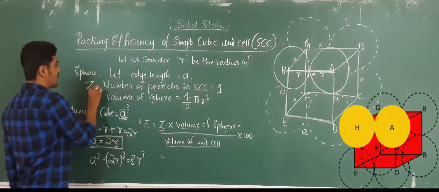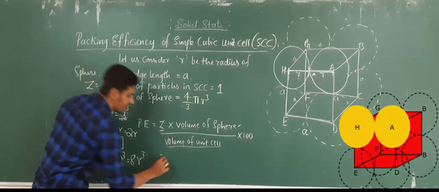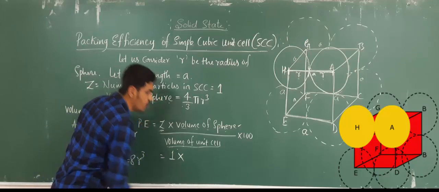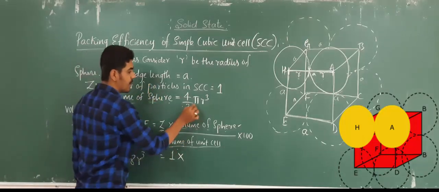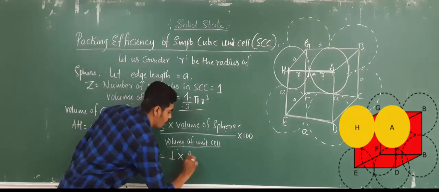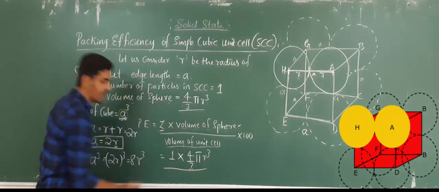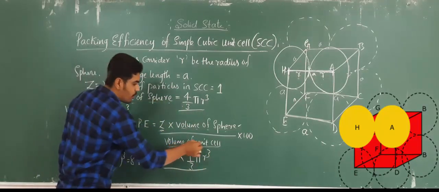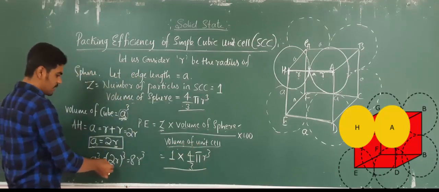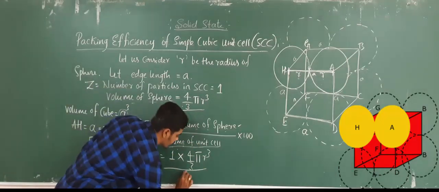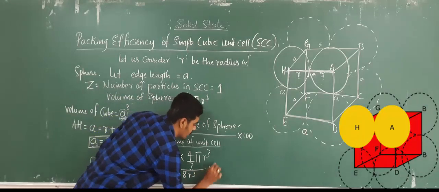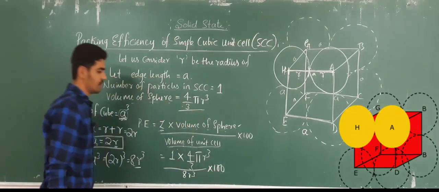The number of particles, that is Z, is equal to 1 into the volume of the sphere, 4 by 3 pi R cube, whole divided by the volume of the unit cell, 8 R cube, into 100.